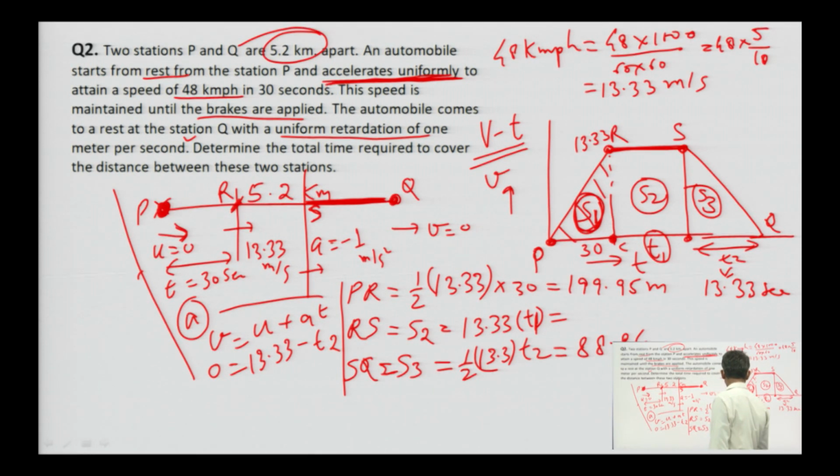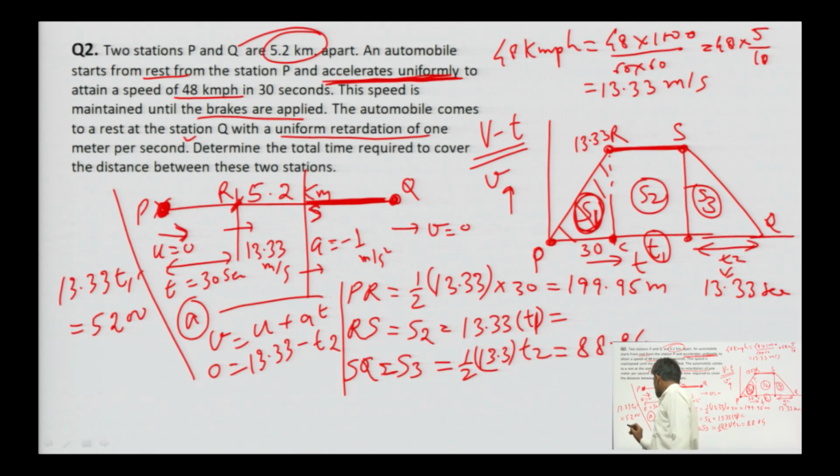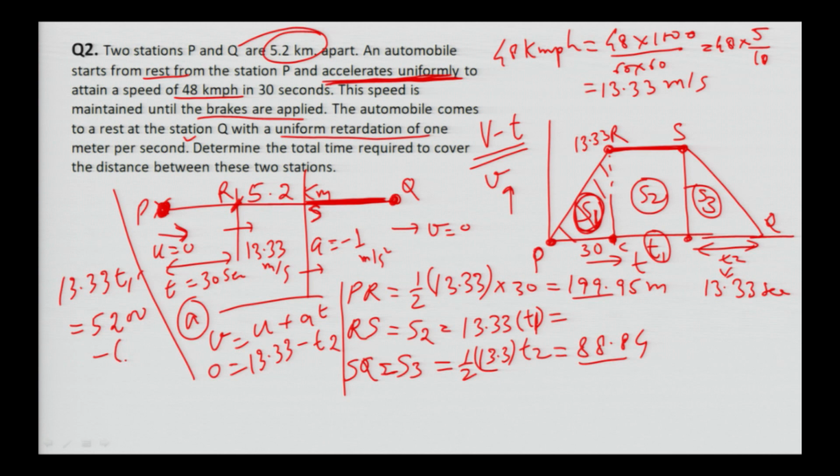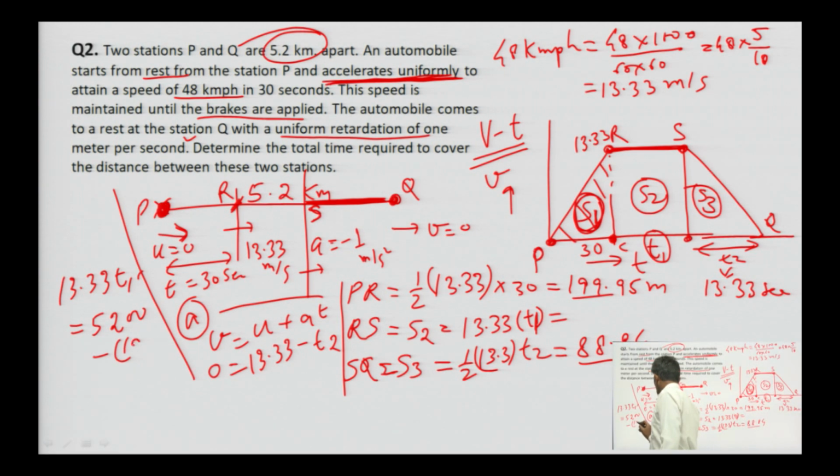Okay. So, what is the value of RS, meaning S2? The total is 5.2 kilometers. So, 13.33 T1 is equal to 5200 minus the sum of these two, which is 199.95 plus 88.84.